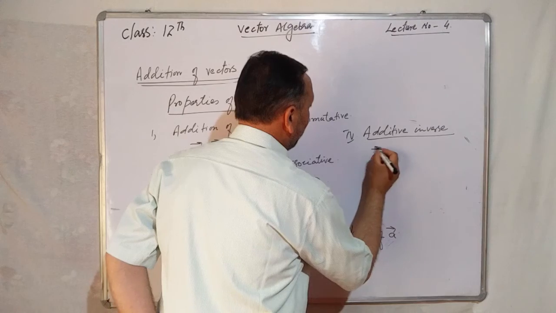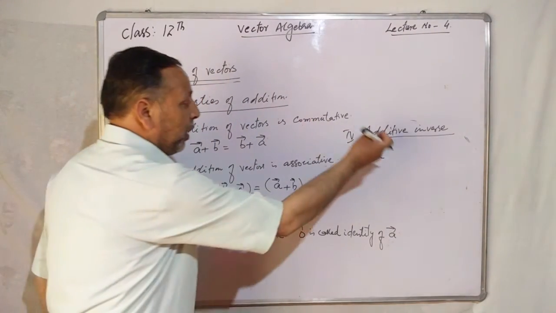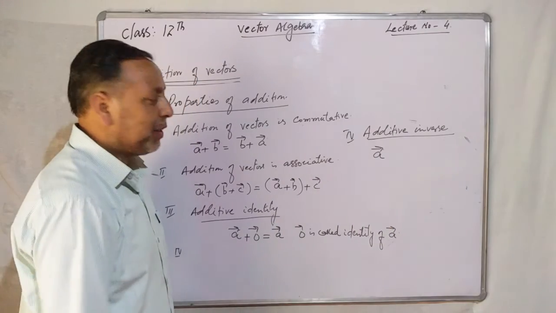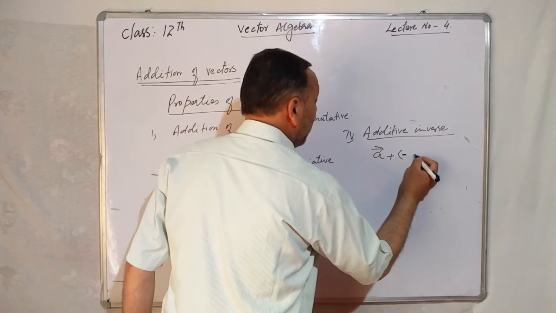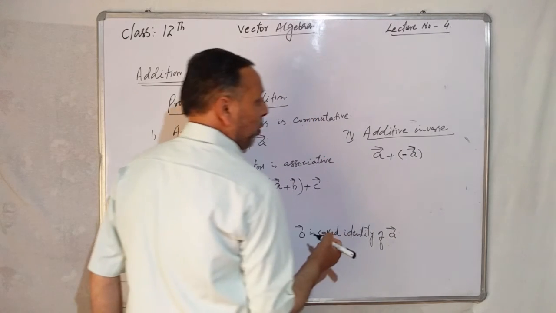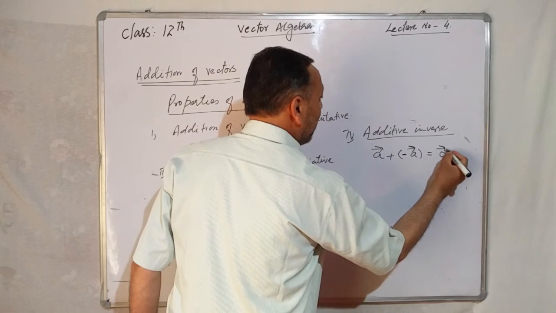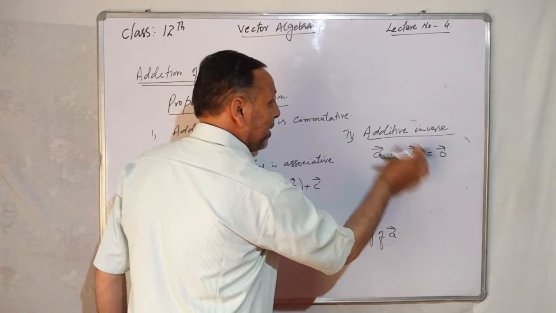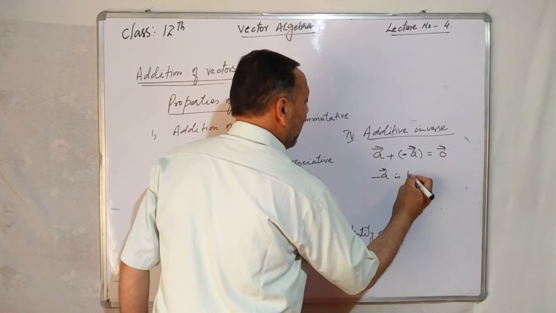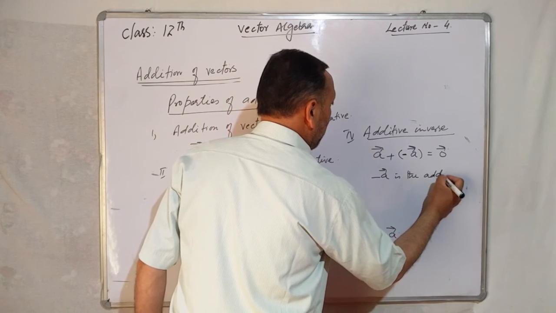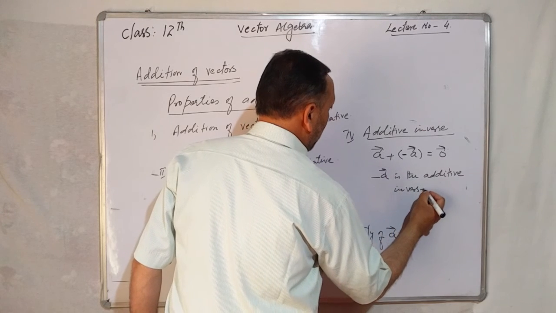Let me have a vector A. मैं वेक्टर A को कौन सा वेक्टर ऐड करूं कि इनका सम जीरो आ जाए? जब मैं वेक्टर A को नेगेटिव ऑफ वेक्टर A ऐड करूं, तो मुझे जीरो वेक्टर मिलेगा. This minus A is the additive inverse of vector A.